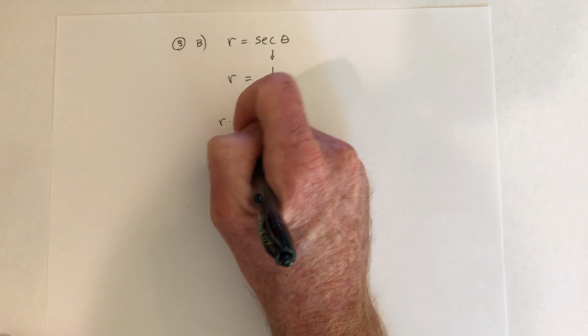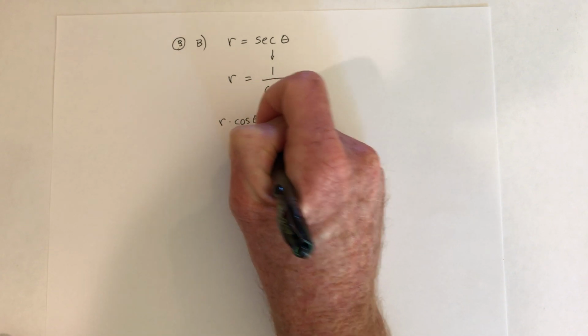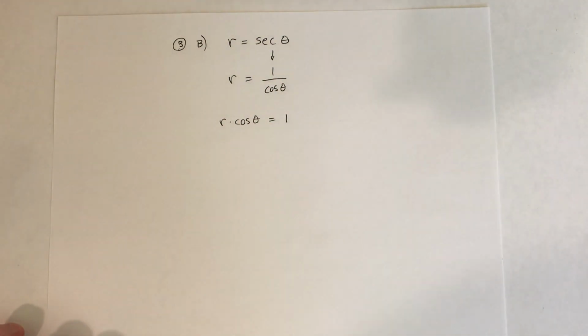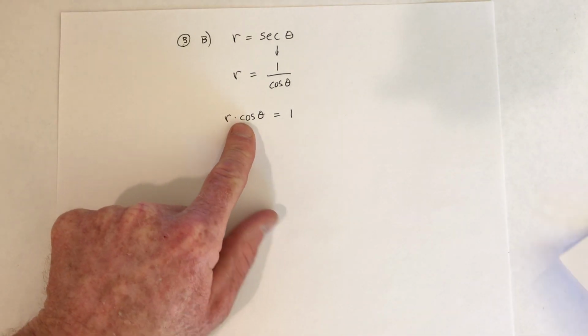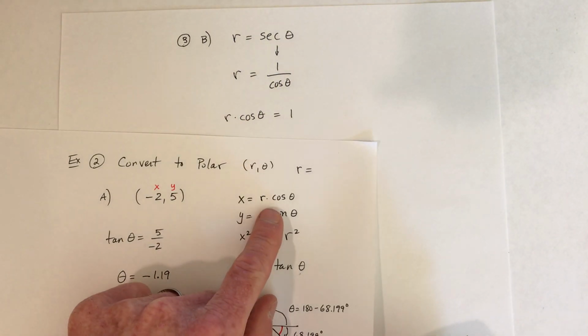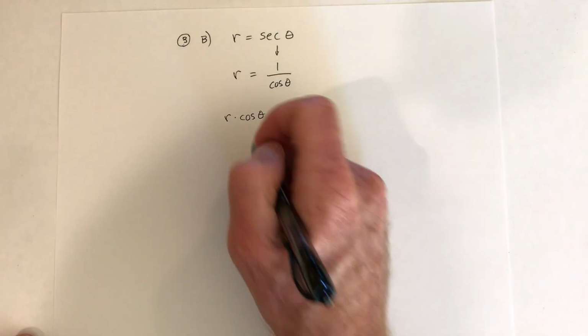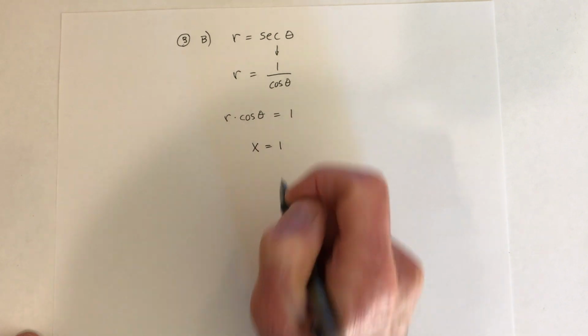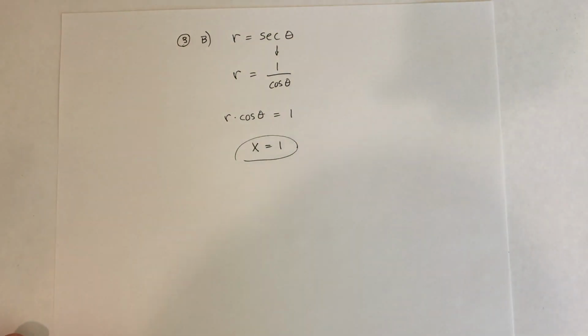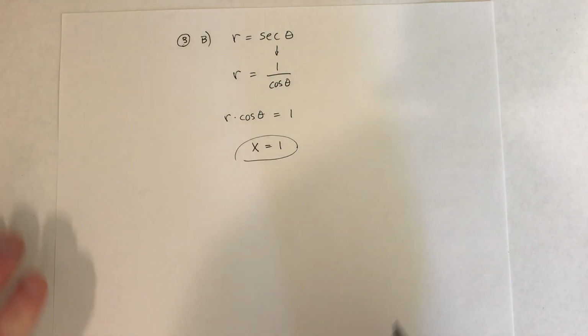It's going to be r times cosine of theta equals 1. And that matches that. So r cosine of theta can be replaced with x. And then once the r and the theta are gone, that's it.